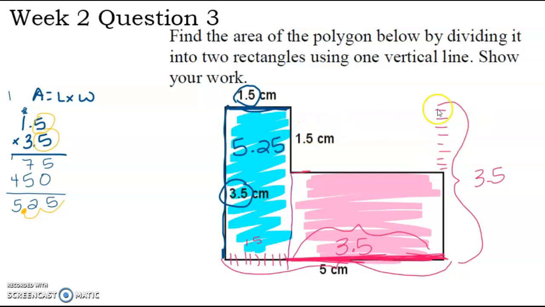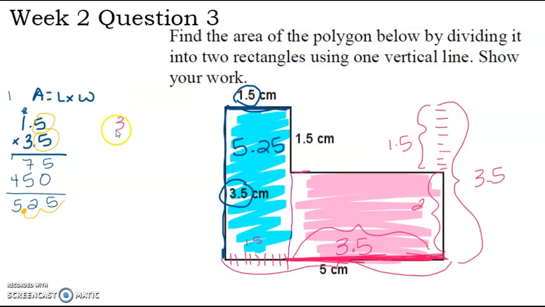Well, this portion of it is 1.5, so I have to deduct this from here. 3.5 minus 1.5 is 2. So I know this portion is just 2. So now that we have the sides of our pink box, we have 3.5 and 2.